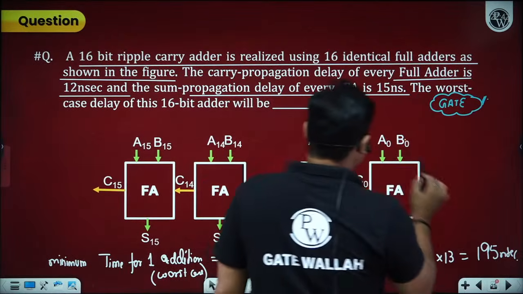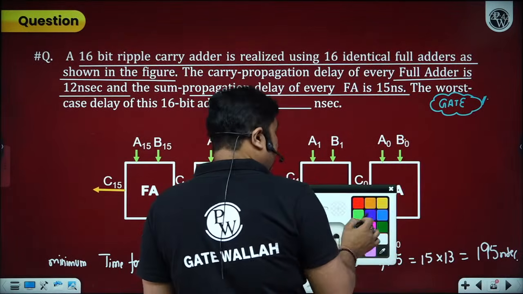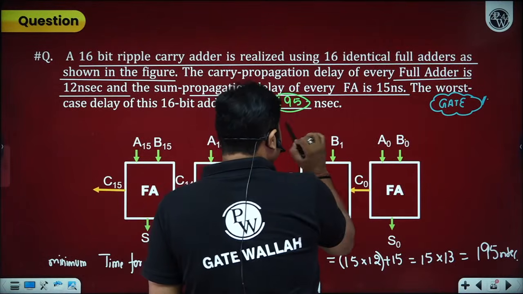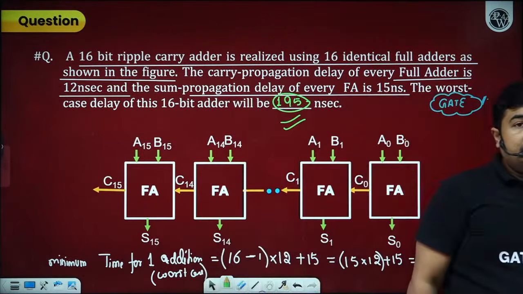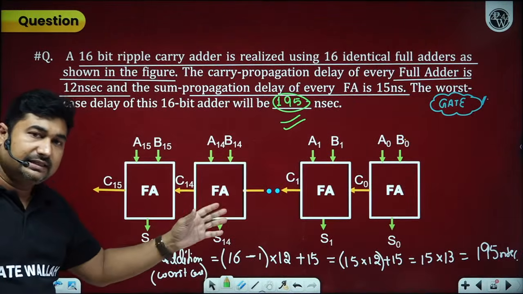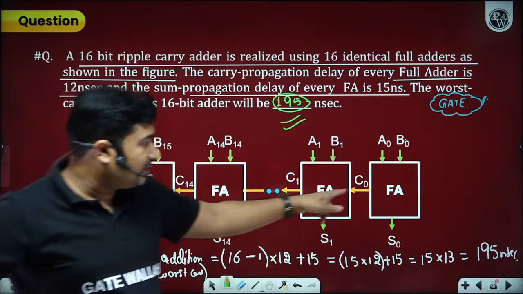How many of you were able to understand up to this part? Please let me know by writing in the comment section. This is the worst case we have, because here we have a full adder.